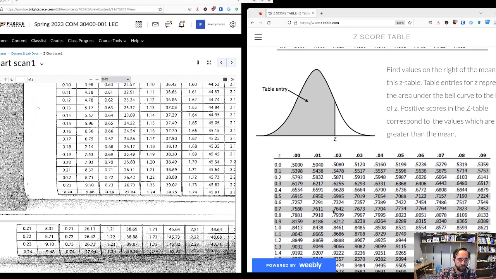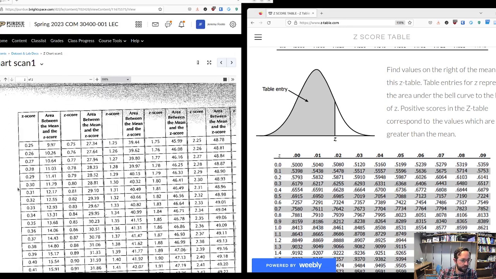So let's look at 0.31. Here it's 0.6217. If we look at, where's 0.31? If we look here, 0.31, 12.17. So you'll notice this one's also in percents instead of in proportions, which is fine.